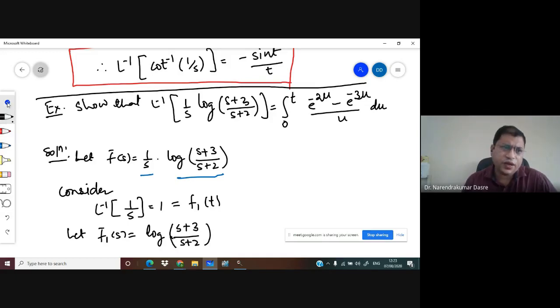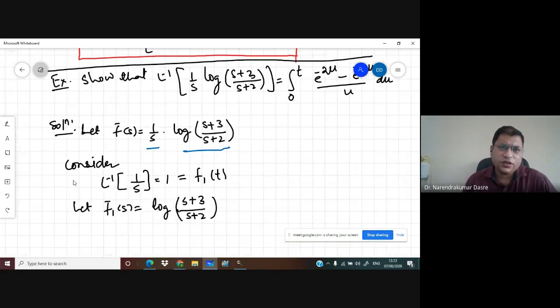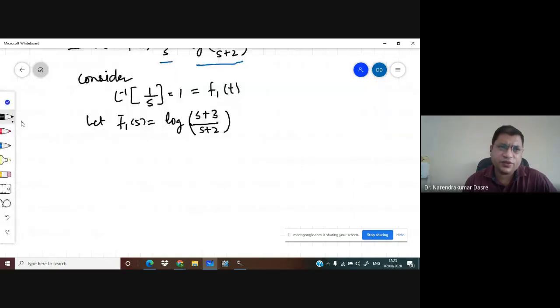So we know when we have the log function, we have to use the property of derivative.